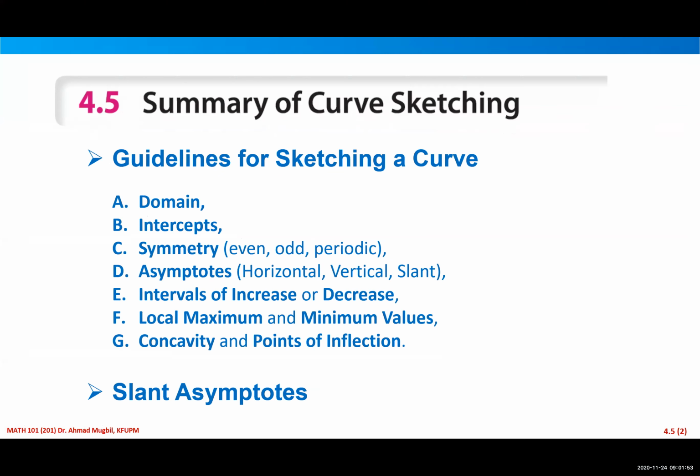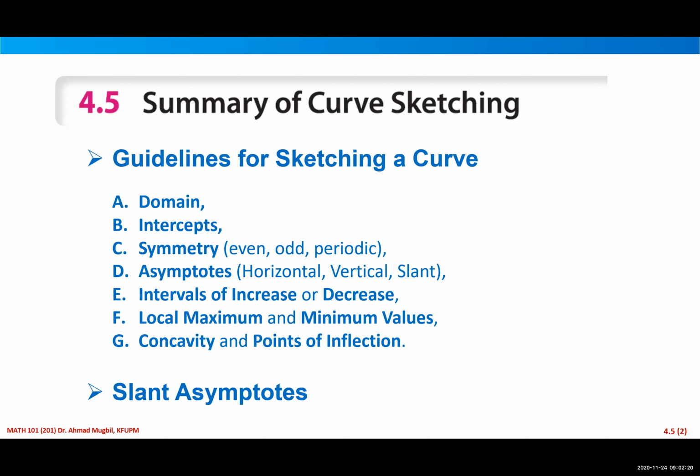First, start with the domain, then the intercepts, the x-intercept and the y-intercept, then check the symmetry behavior of the function. Is it even? Is it odd? Is it periodic? Also find the horizontal and vertical asymptotes, and also the oblique, the slant asymptotes. We will focus on the slant asymptotes in this section, how to find them.